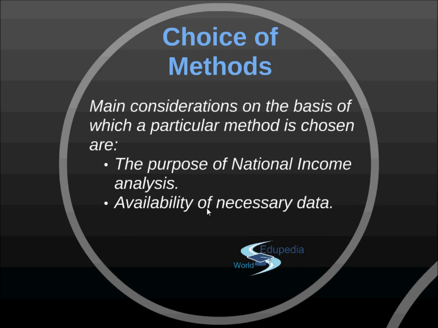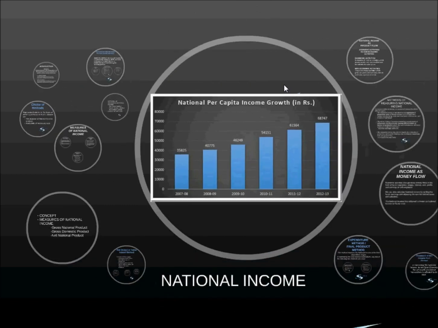However, we also need to see whether the necessary data is available or not in order to choose a particular method. So, on these two bases, the choice of a particular method to determine the national income of an economy is made. So this was all about national income.